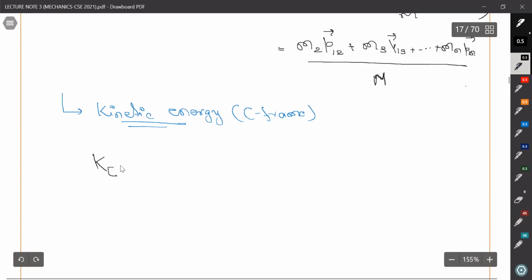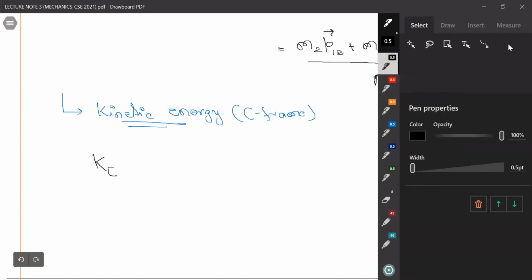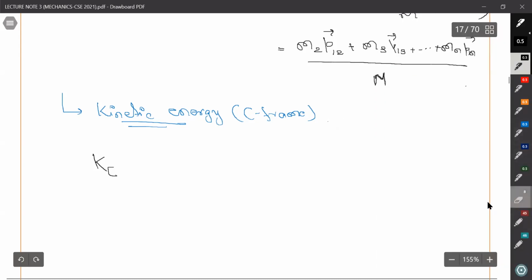Kinetic energy of a particle. Let's take T as kinetic energy. So kinetic energy in the L frame is half m v1 square.